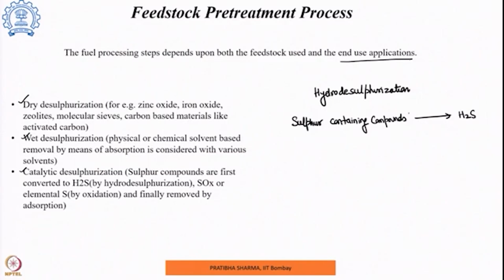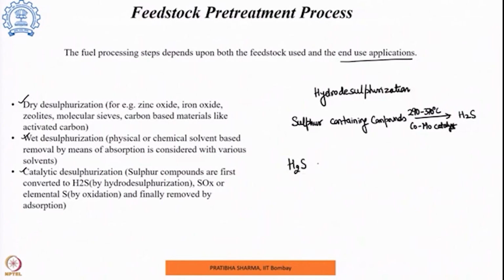This is done at a temperature of 290 to 370 degrees centigrade in the presence of a cobalt molybdenum catalyst. This is a sulfur tolerant catalyst which is being used. Now this H2S which is being formed here has to be removed.